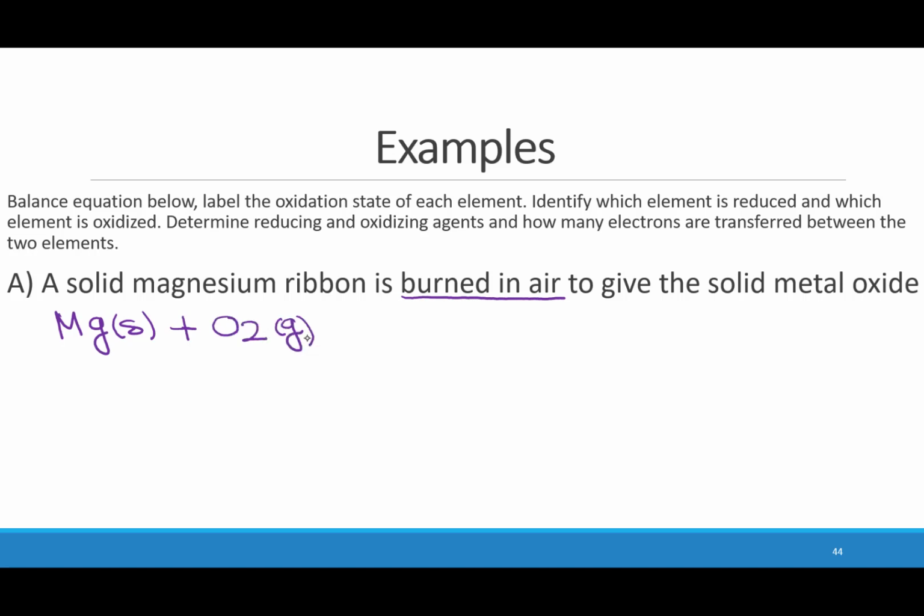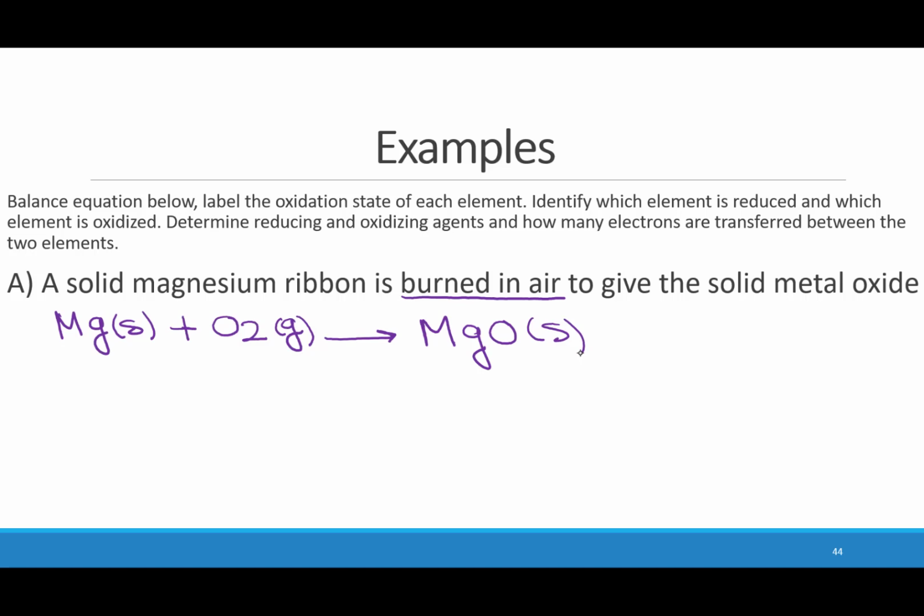Okay, what is the element that you need for a substance to burn? Oxygen. So whenever you hear something is burned in air, that means the reactant is oxygen gas, and it produces magnesium oxide, and you're told it's solid.